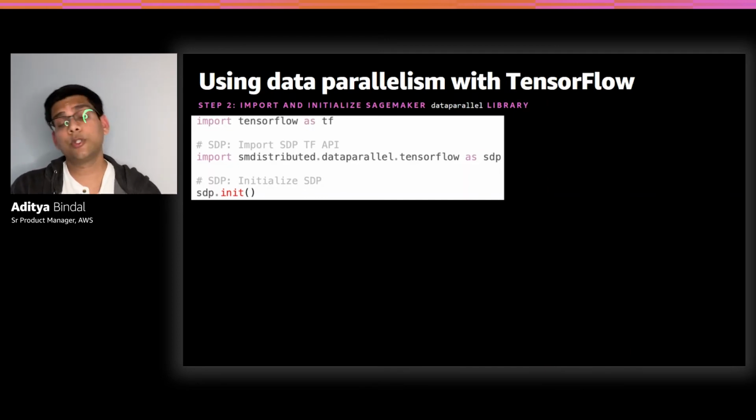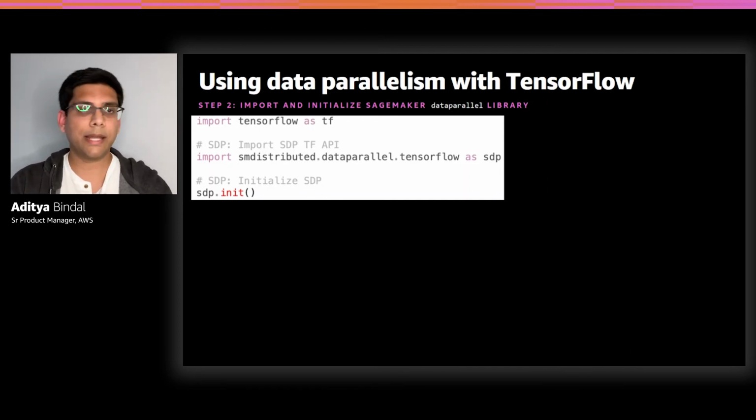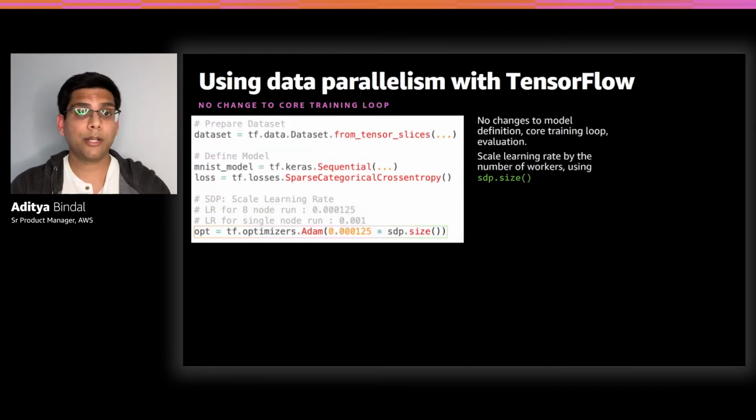So again, if you've used Horovod with TensorFlow, this should look identical and intuitive to you. Similar to PyTorch, there's no change you need to make in how you define your model, how you compose the neural network architecture, the core training loop, evaluation, all of that stays exactly the same. We've designed this in a way that makes it identical to the experience you have using TensorFlow and Horovod today.